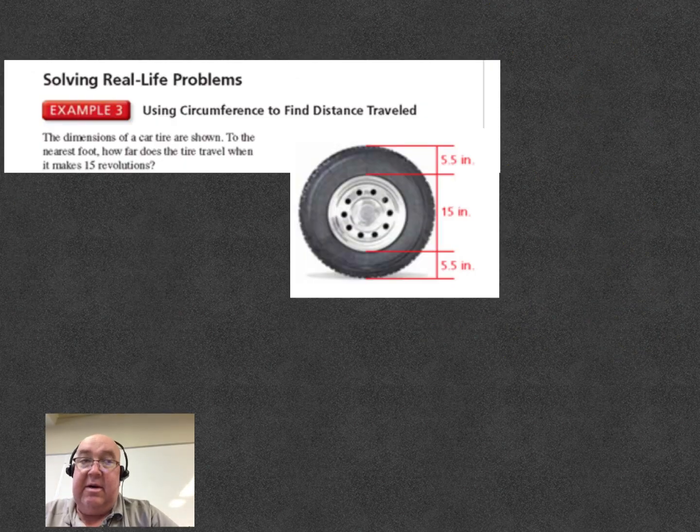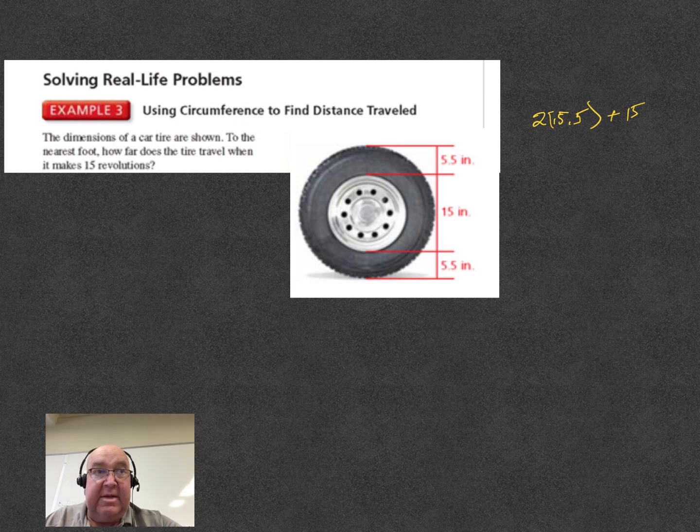Alright, so here we have the distance of the tire. We want to find out the circumference of the tire. So we know that the diameter is 2 times 5.5 plus 15. 5.5 times 2 is 11, so the diameter is 26 inches.